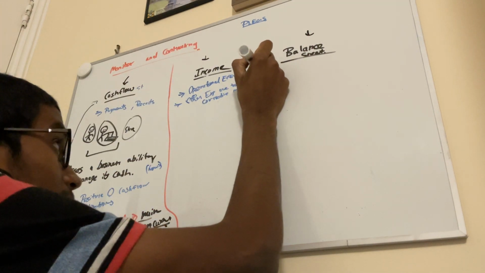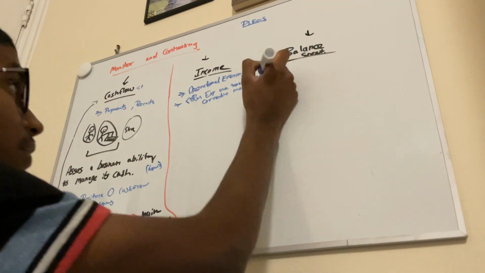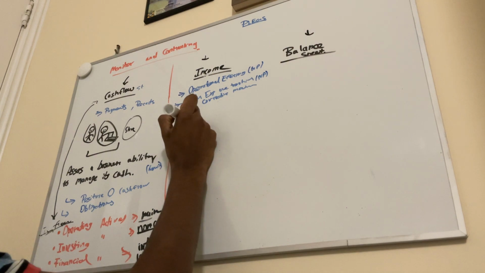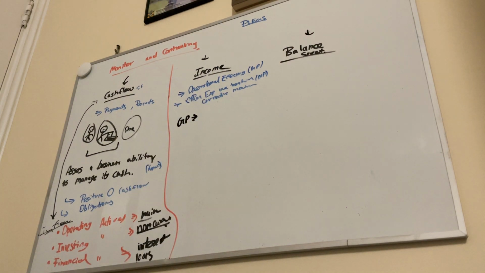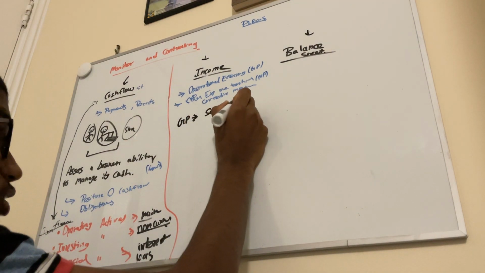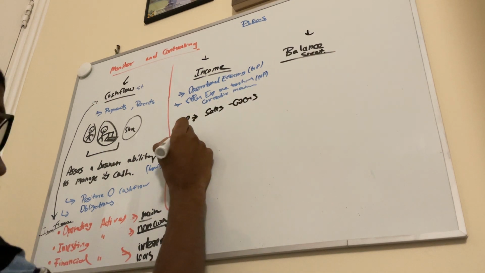This is from gross profit, and this is from net profit. Now, you might be wondering, what are all these new terms? But I'll go through that. GP. So what's gross profit? Gross profit is basically total sales minus COGS. Okay, now you're like, what's COGS?